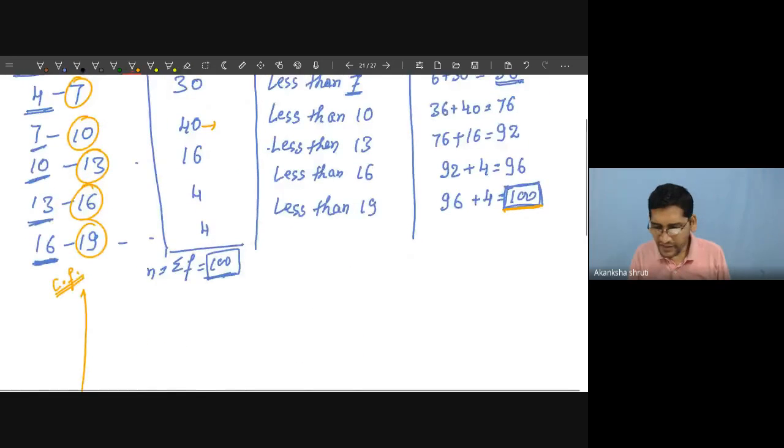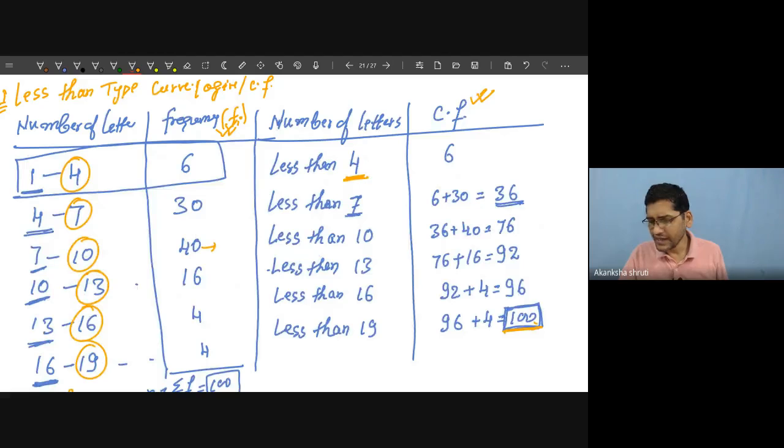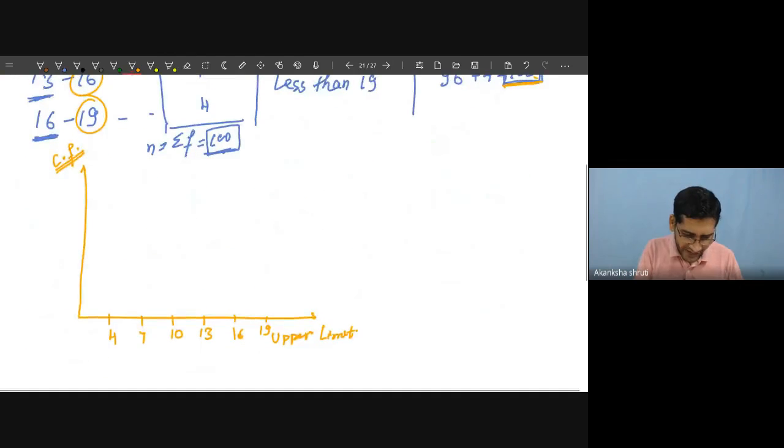Now what are the cumulative frequencies? The upper limit is 100. So we shall divide this vertical axis so that up to 100 we can place it. Let me take the scale of 10. Okay, students, let me take 10, 20, 30, 40, 50.